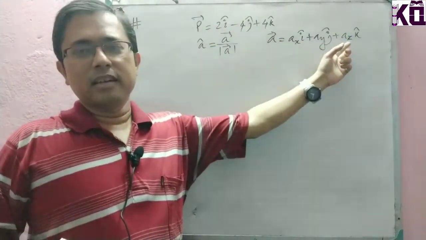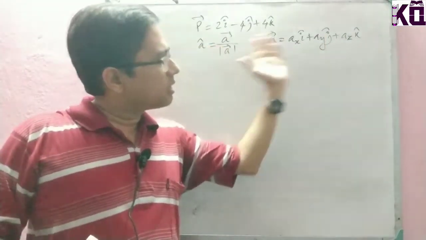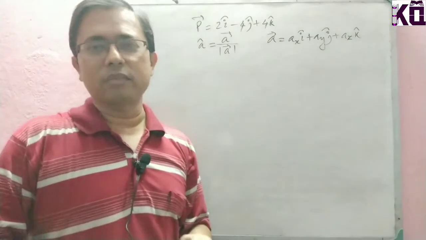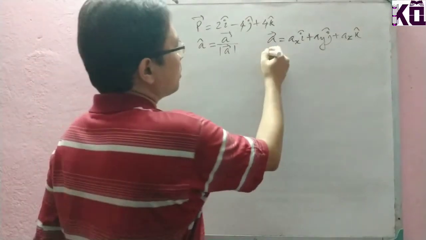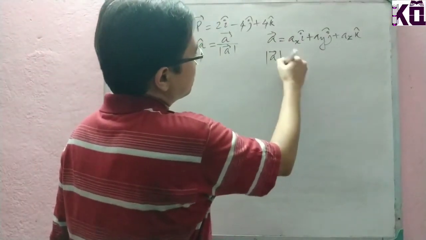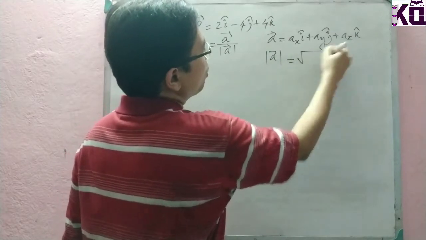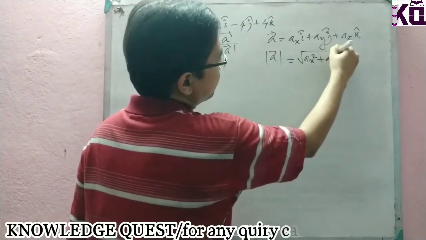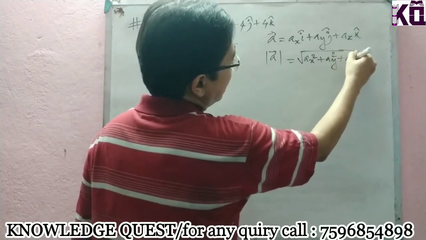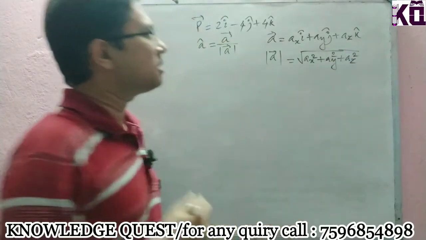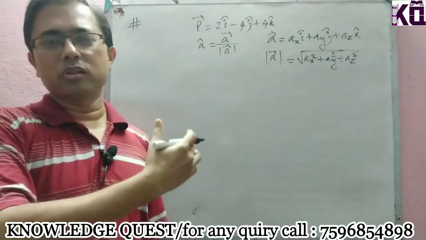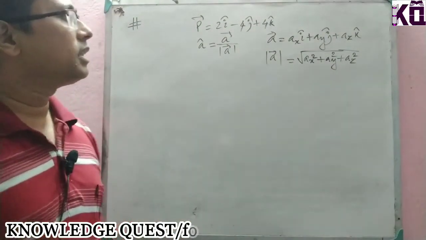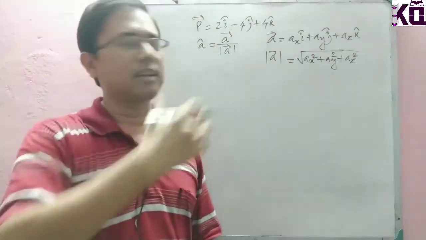So if there is a representation with respect to i, j, k like this, the magnitude must be equal to root of AX square plus AY square plus AZ square. That is the way to identify the modulus or magnitude of this kind of vector when there is the involvement of i, j and k.